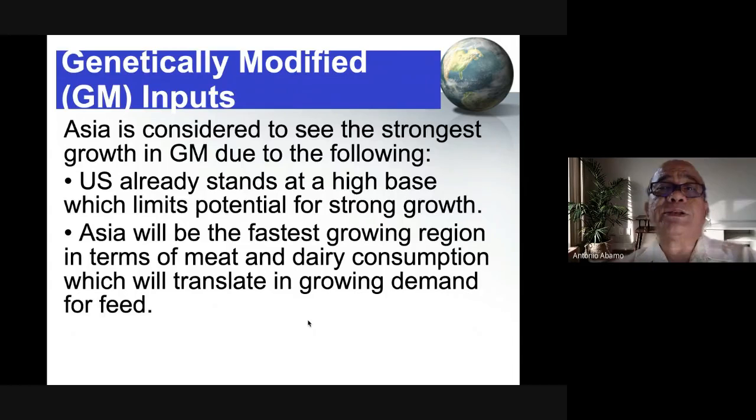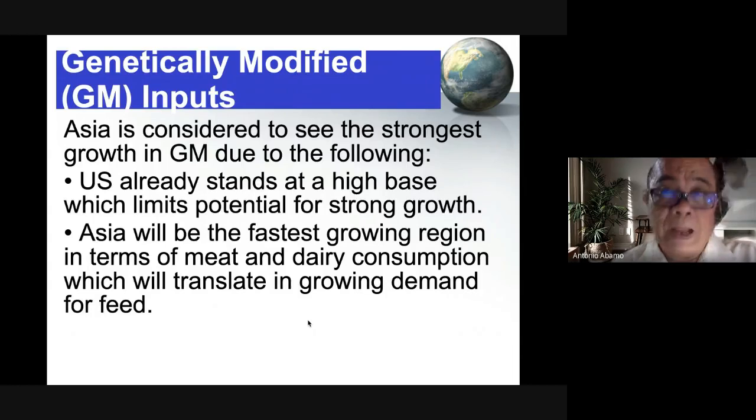Okay, it is still a strong debate in many forums in the agriculture sector in terms of the advantages and disadvantages of genetically modified inputs, but nothing has been proven to really negate the good effect of genetically modified crop or livestock in order to fast track production of this crop and livestock to support the burgeoning, the increasing demand for cereals and other needs for food and feed consumption.